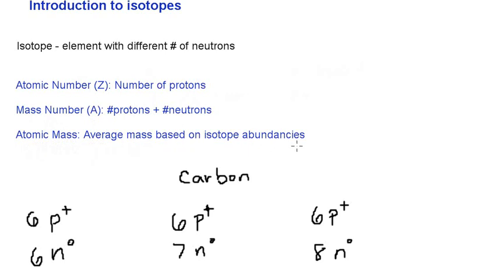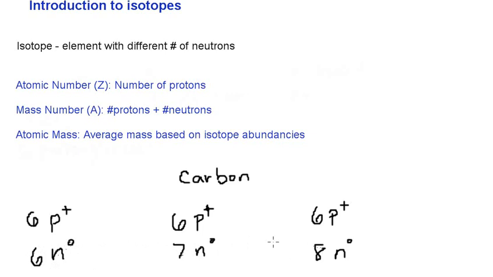And what this is that in nature you have different types of the same atom. So for instance, you can have different types of the same carbon atom, and the carbon atom can have different numbers of neutrons. For example, a carbon atom can have 6 neutrons, or 7 neutrons, or 8 neutrons in nature.